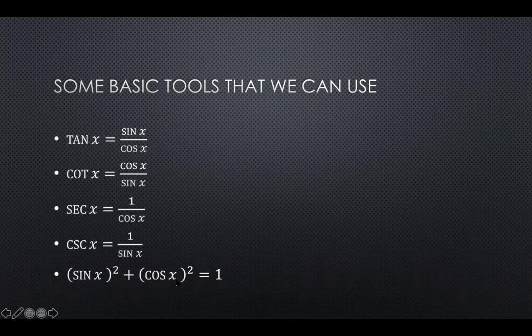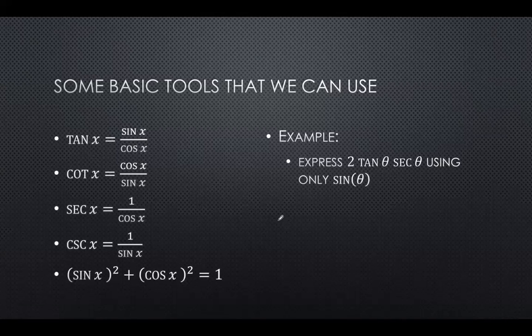How are we going to use them? For example, we have 2 times tangent theta times secant theta, and we want to express it using only sine. First of all, we convert tangent as sine over cosine, because we want to get to using sines and cosines only.